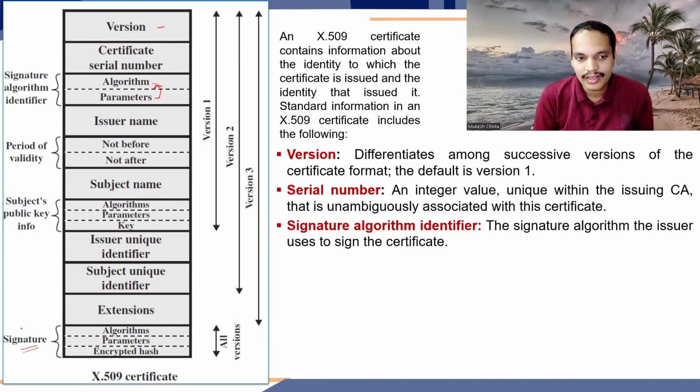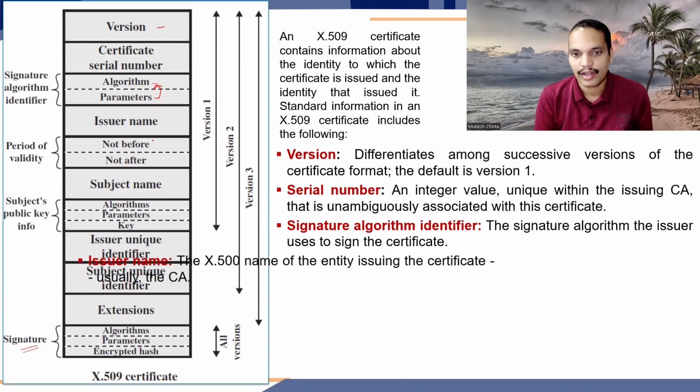So how is the signature generated by the authority? Which algorithm has been used to create this signature is written over here. So this is the field which tells you which algorithm has been used, and if there are any parameters that are associated with generation of this signature, all those parameters are also added here.